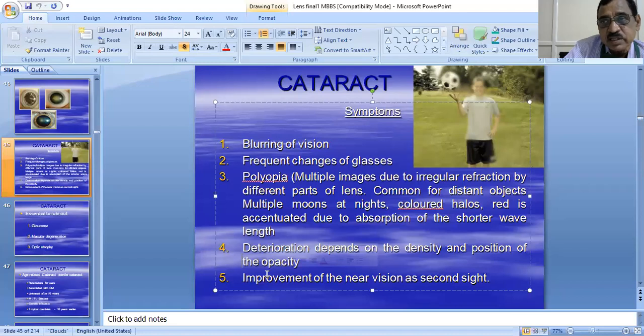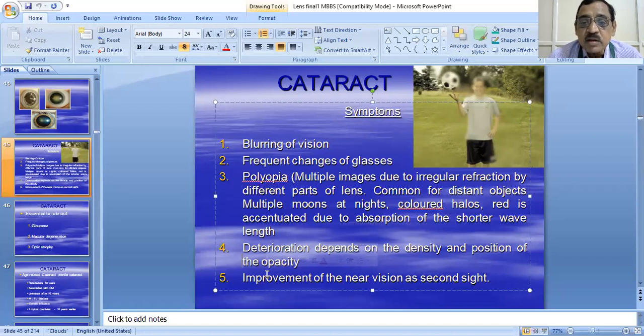Corneal degenerations can also give rise to that. And optic atrophy, as it's not an acute onset, chronic cases will have slow, gradual, painless loss of vision. And in cataract, because of the change in refractive index of the lens, the patients will be frequently changing their glasses, both for distance and for near.